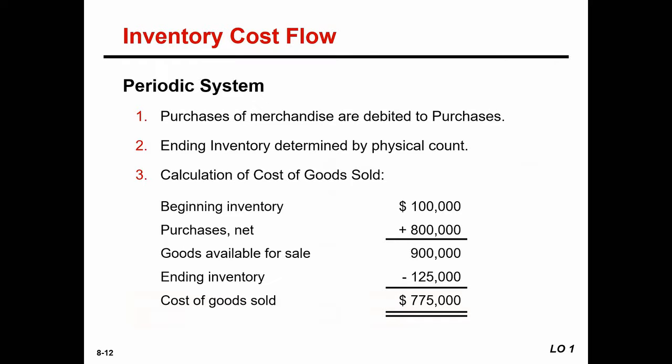We will have a beginning inventory, we have purchases, and we have ending inventory. Based on these, we can calculate the cost of goods sold. So we only know the value of inventory on hand and the cost of goods sold only at the end of the accounting period in this periodic system.